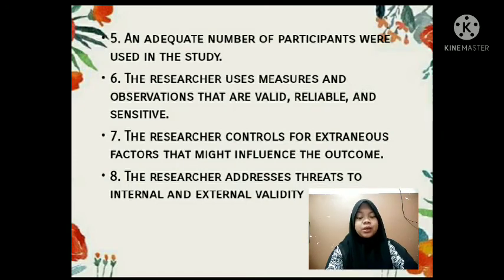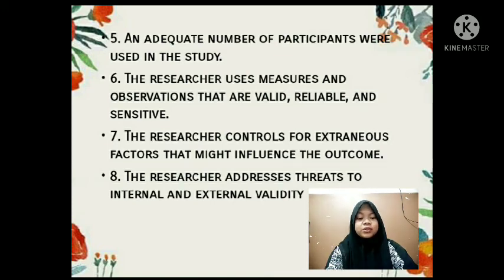So, the last one is the researcher addresses threats to internal and external validity. So, ipinapahayag din ng mga researchers ang mga threats na possible na ma-encounter sa internal and external validity.